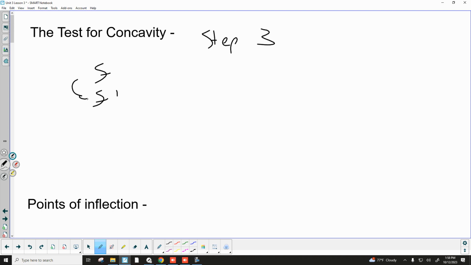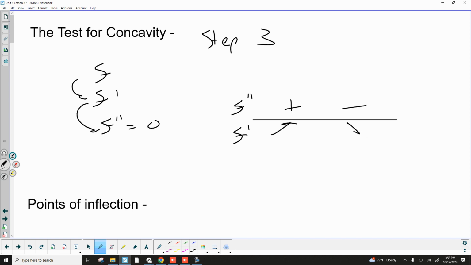If your second derivative changes sign, this would be a location of a point of inflection. That's when your second derivative changes sign. We don't care if it changes from positive to negative, curving up to curving down, or if it changes from curving down to curving up. They are both points of inflection.